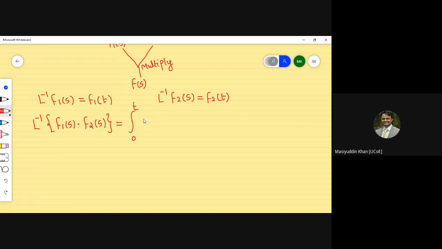It's your choice. So f1 of u, and the second function will be t minus u, means f2 of t minus u, into du. So just remember that मैंने यहाँ पे f1 of u into f2 of t minus u लिखा है.